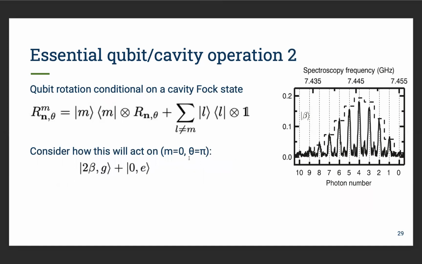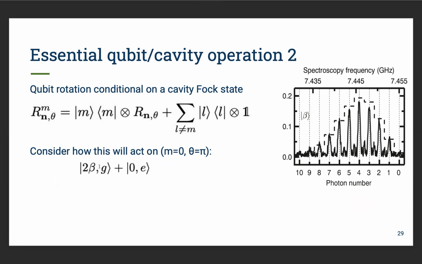But now how will we later disentangle the two? For that, we're going to use this operator, which is a qubit rotation conditioned on a cavity's Fock state, which sounds kind of like a mess. But again, I think we'll be able to understand what this does if we consider how it acts on this state here.